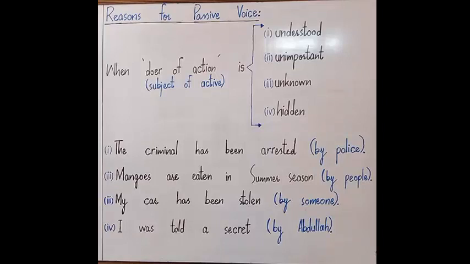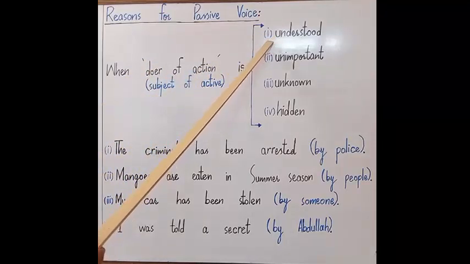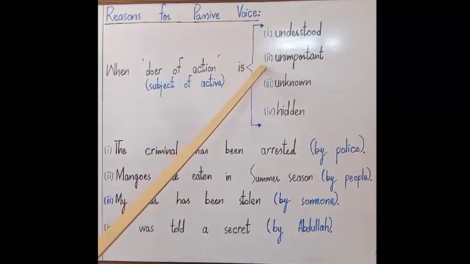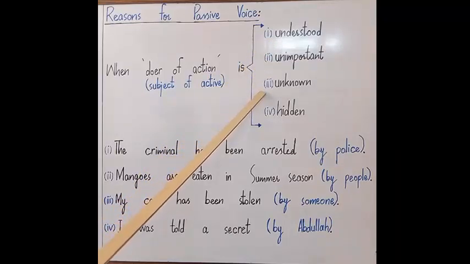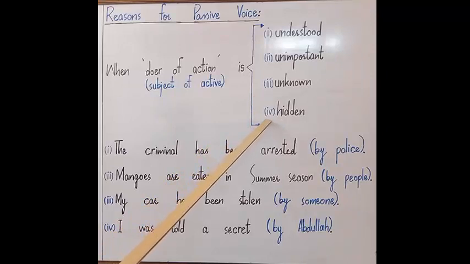The 4 reasons written before you are: when the doer of action, which means the subject of the active sentence, is either understood, unimportant, unknown or hidden.